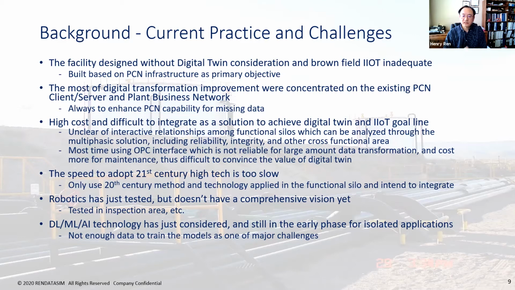Robotics is just in testing and doesn't have a comprehensive vision yet, and it is really an opportunity for high-tech companies and the young generation who think about this area. I think you can see significant improvement. Deep learning, machine learning, and AI technology have been talked about a lot in the last, I would say, 3 years.